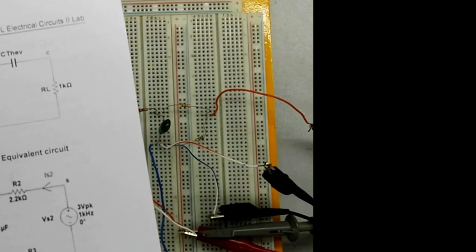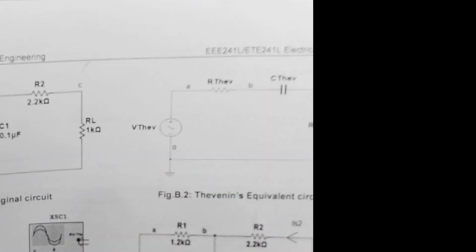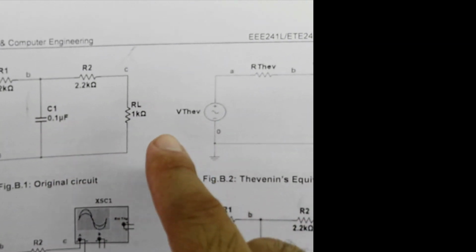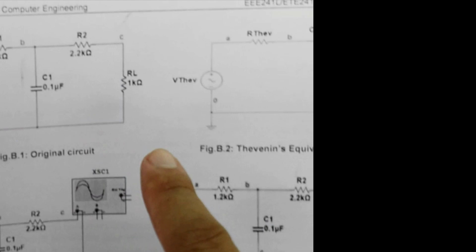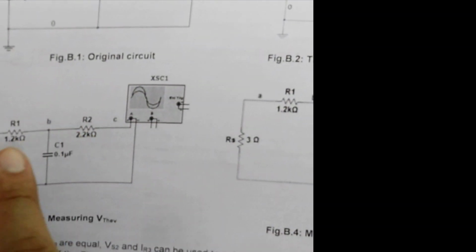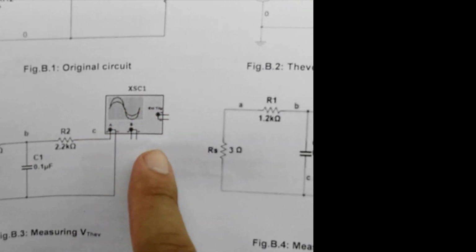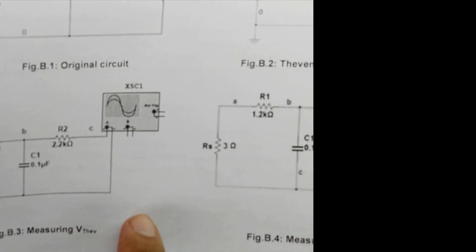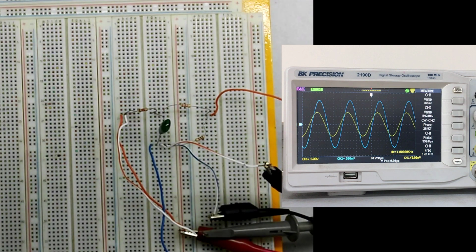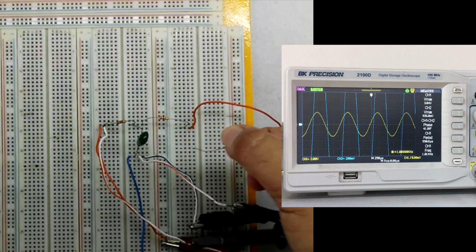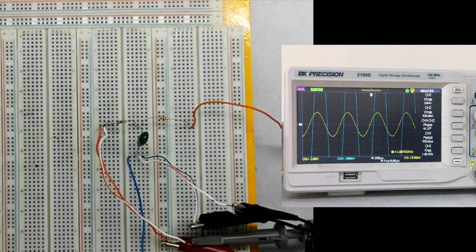So since our circuit is already connected in this B.1 configuration, if we just remove the load resistance, we will be getting to this configuration, because we have already attached the oscilloscope to our circuit. So by simply removing the load resistance, which is this one, we will be able to figure out and calculate the Thevenin equivalent voltage from the oscilloscope.